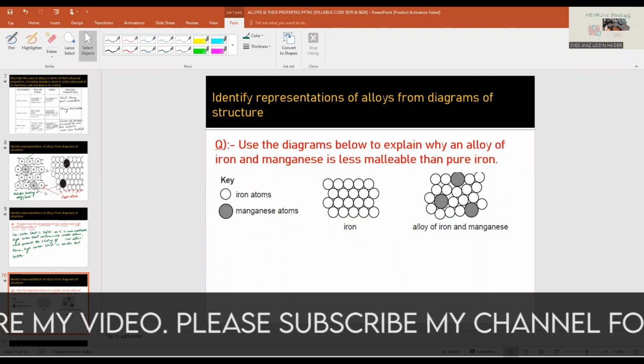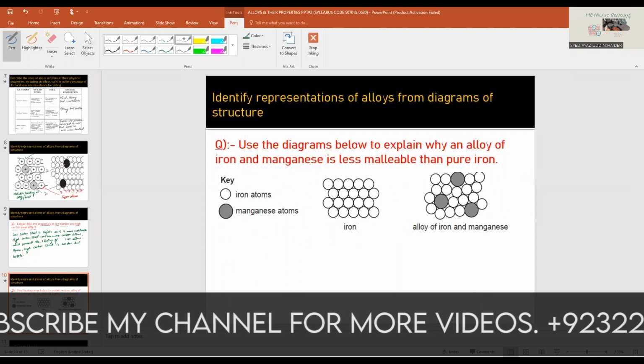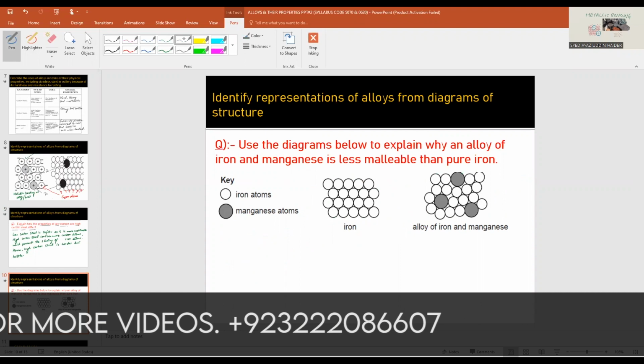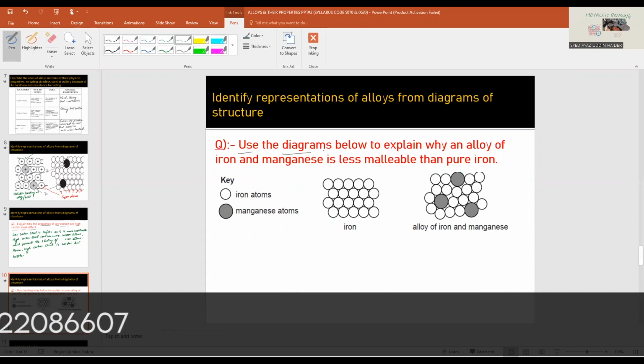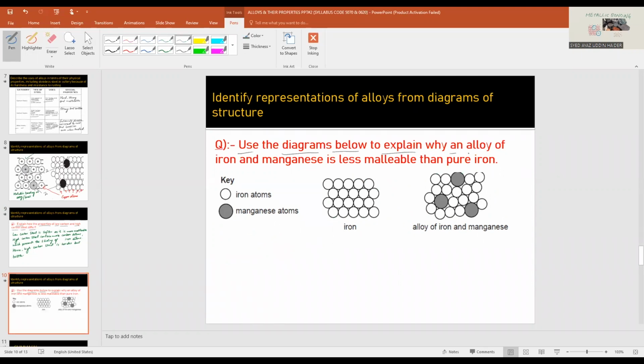This is another past paper question. Use the diagrams below to explain why an alloy of iron and manganese is less malleable than pure iron. The diagrams given will help you with answering this question. You see here that in pure iron, the layers can slide when force is applied. This is the layer of iron atoms.